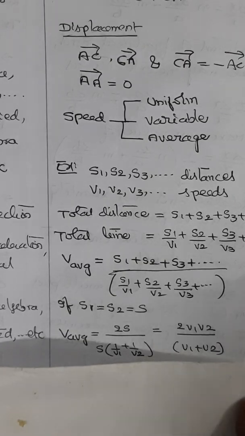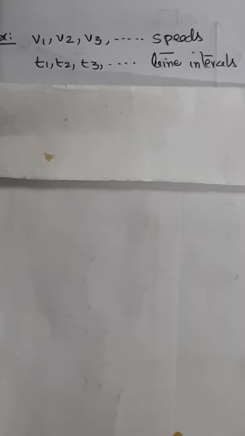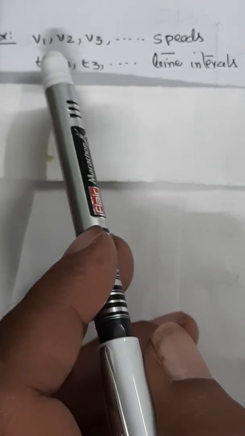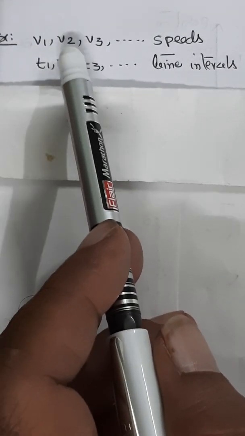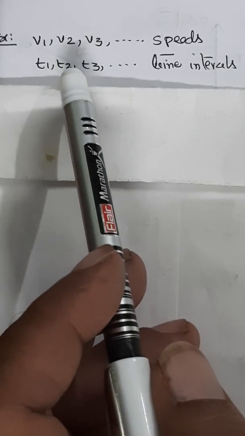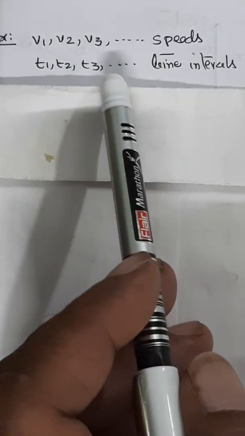Let us consider yet another situation. Suppose a particle travels with speeds v1, v2, v3, etc. during the time intervals t1, t2, t3, etc. respectively.